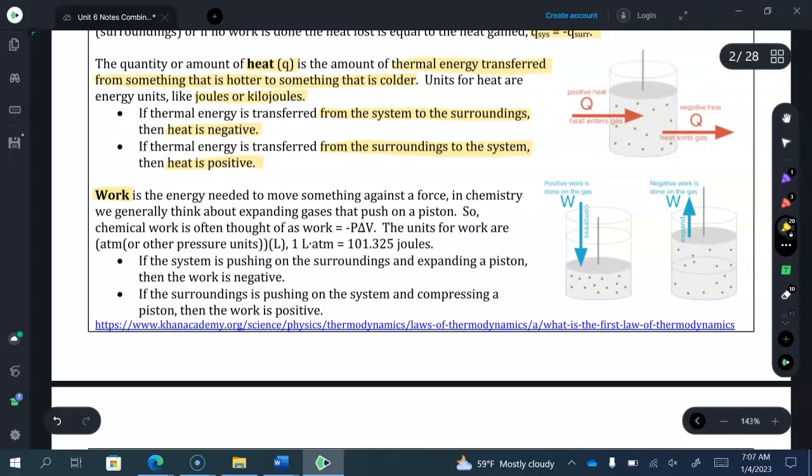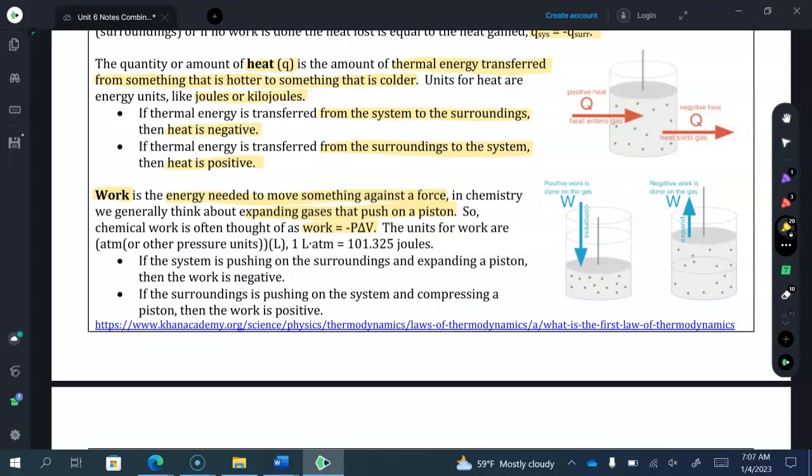Work is the energy needed to move something against a force. In chemistry, we generally think about that as an expanding gas that pushes on a piston. So chemical work is also often thought of as work is equal to negative P times the change in volume.